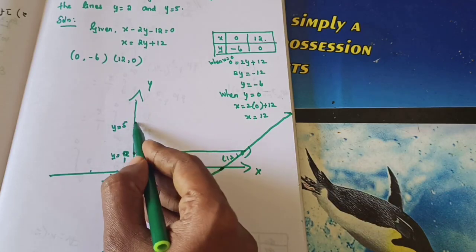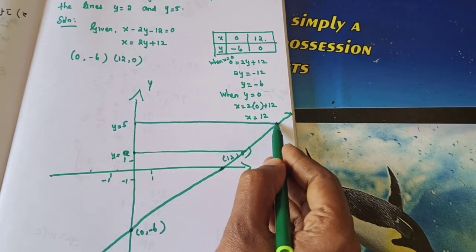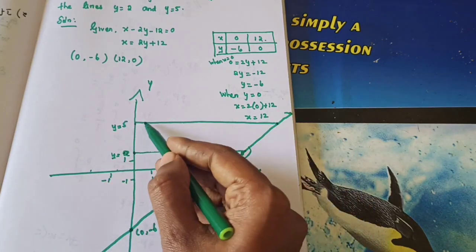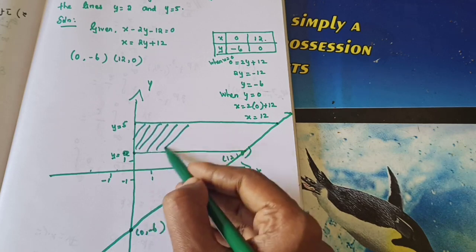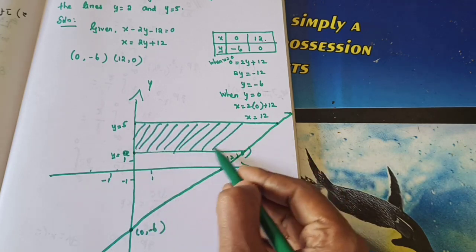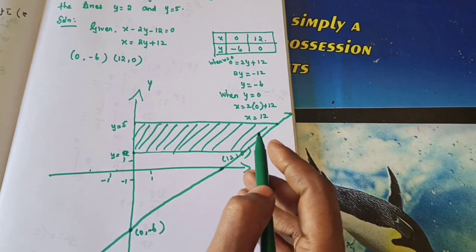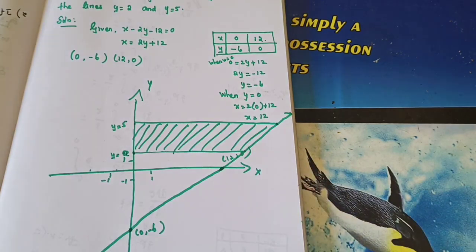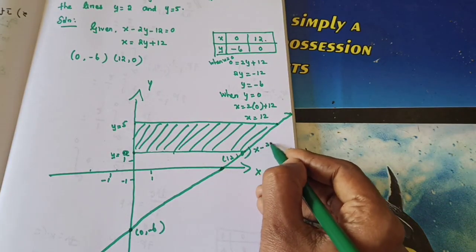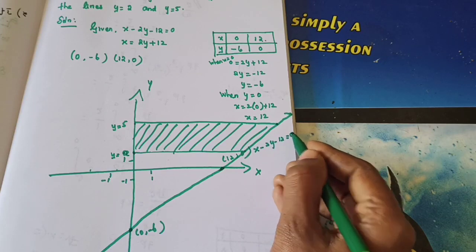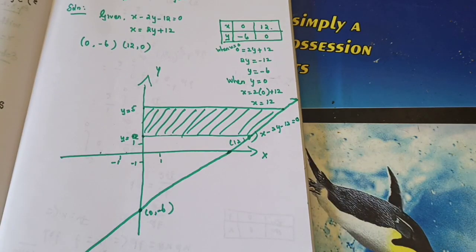It's also a horizontal line, join up to here. So this is the bounded area, and you need to find the area of only this region. Write down the equation name also here: x minus 2y minus 12 is equal to 0. Very interesting. You can draw the diagram and enjoy.